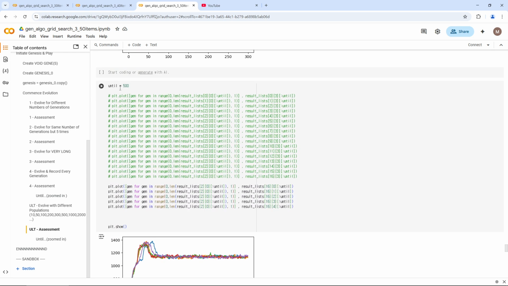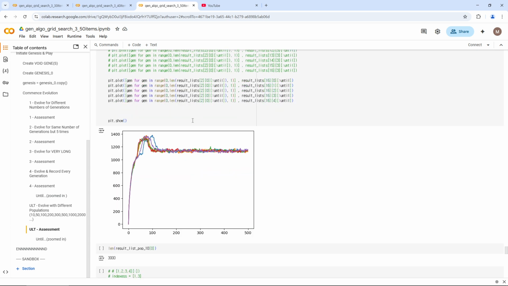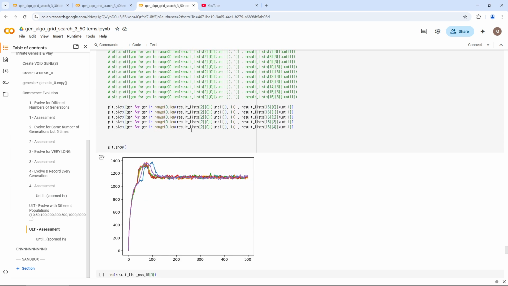And here is until generation 500, and all the ones with population 2000 all peaked close to 1400, and then they fell down to 1100. So 1400 minus 1100, that's 300.